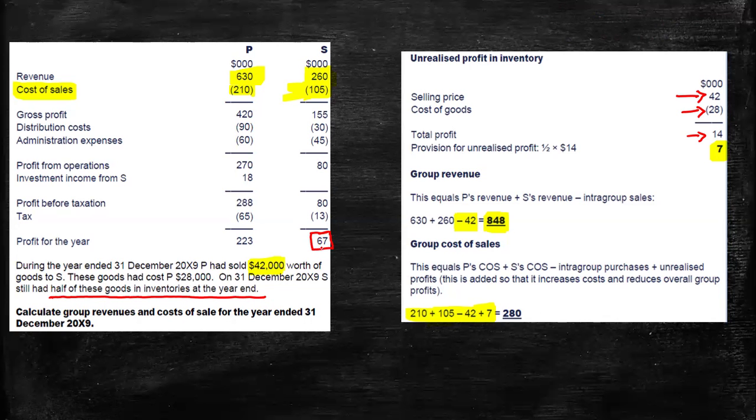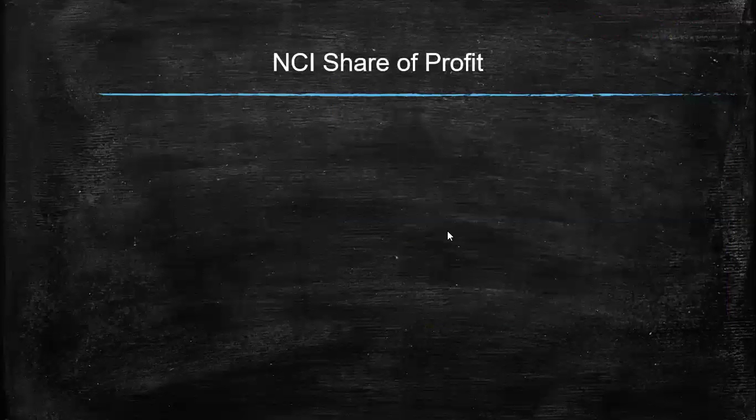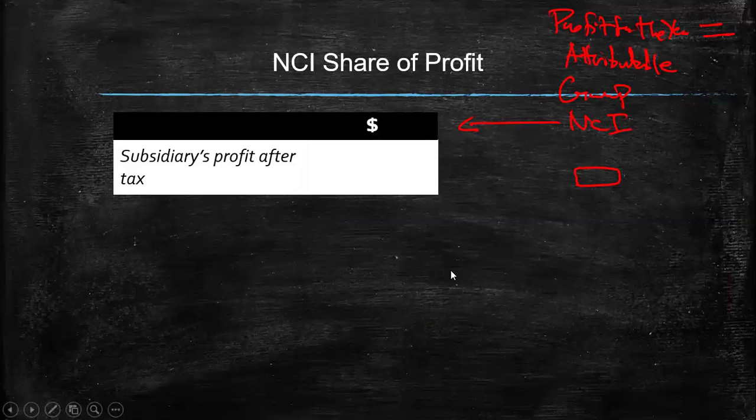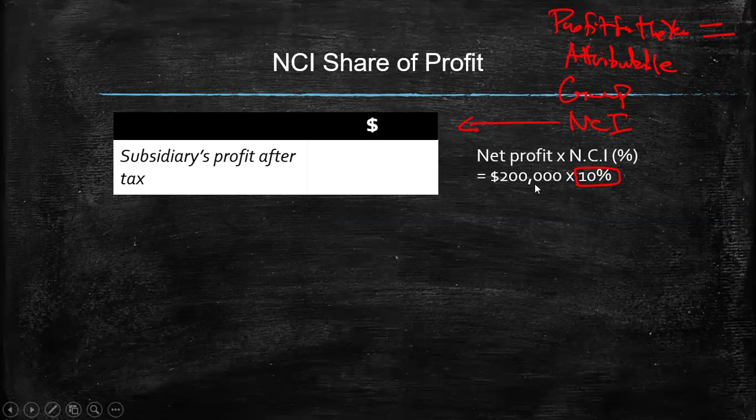Only the subsidiary's profit is to be divided, and therefore we will take the subsidiary's profit amount from their individual statement, right? So that in this case is 200,000. This is a different example. This is not a continuation of the previous example. So we assume that the subsidiary's individual profit is 200,000. We apply NCI's percentage to that, and we get NCI's share of the subsidiary's profit, that is 20,000.